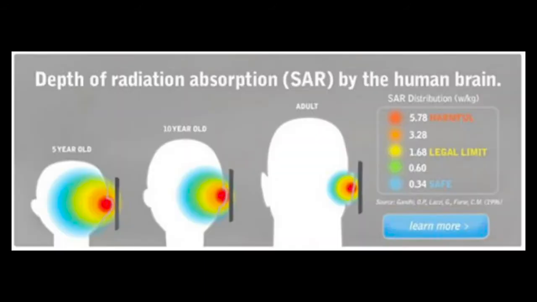There was some connection to gliomas and I believe a type of neuroma, but regarding other types of cancers, the results were inconclusive. Ultimately, they got moved into the category of possibly carcinogenic because the World Health Organization had concerns about the amount of exposure that young children who still have soft skulls have to this radiation.